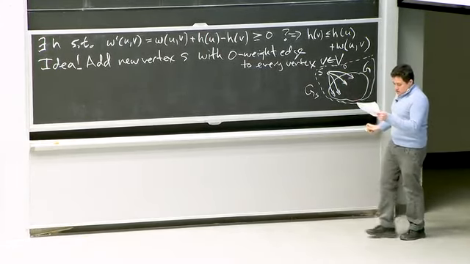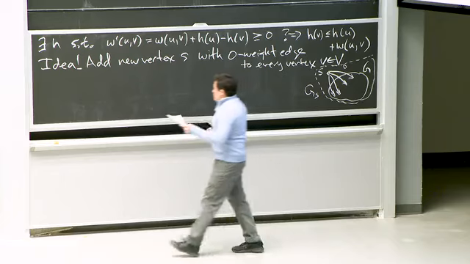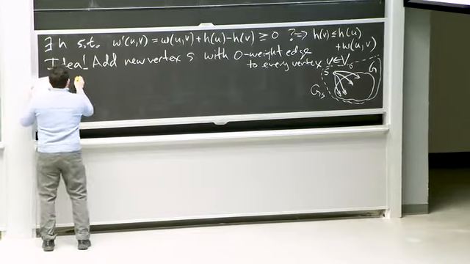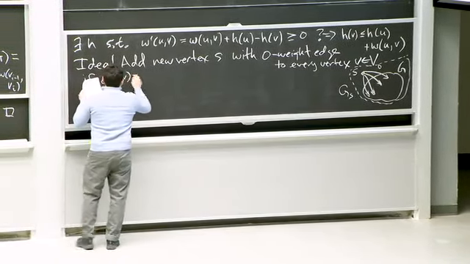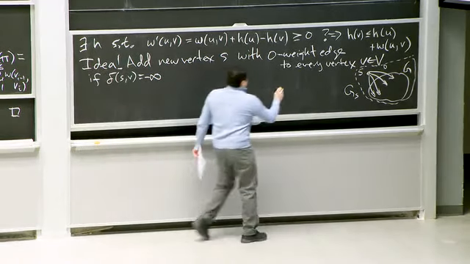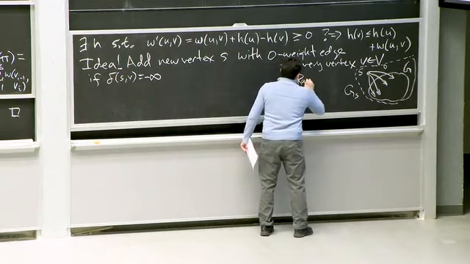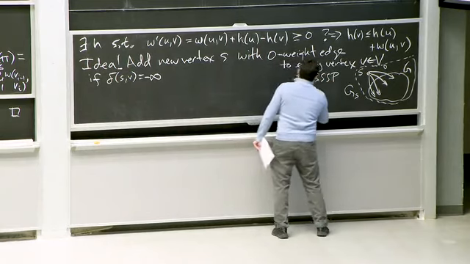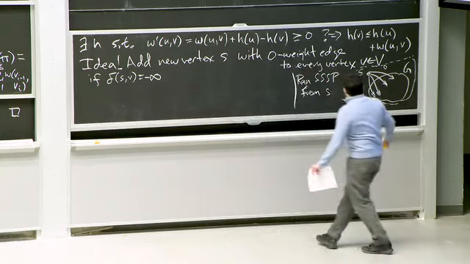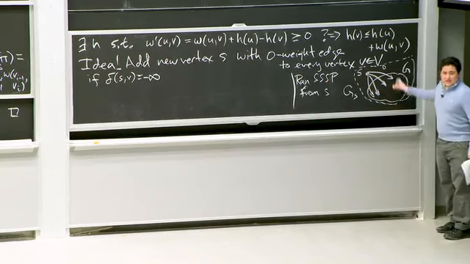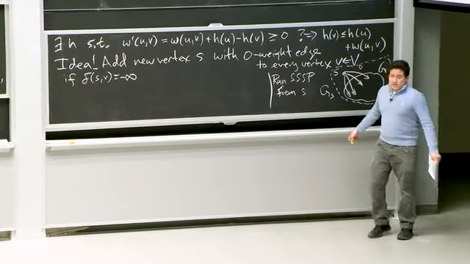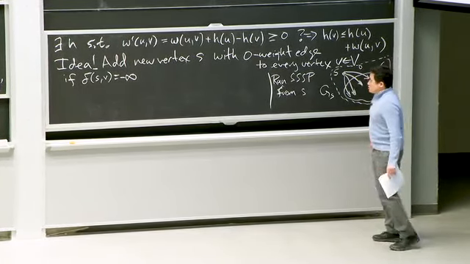Okay, so there are two situations. If delta S V equals minus infinity, so I guess this is run single source shortest paths from S. Really, because this graph could contain negative edge weights and could contain negative cycles, we can't do better than running Bellman-Ford here from S to compute these paths.